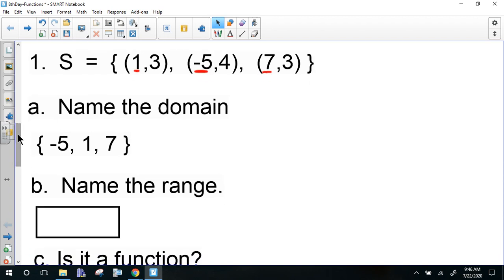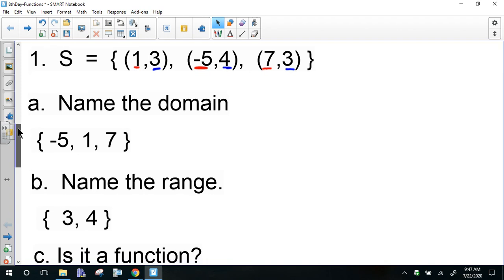Okay. What is the range? Well, the range is the y values, which is 3 and 4. You do not need to write the y values twice. If you see a number like 3 that's written twice, you only have to write it once.